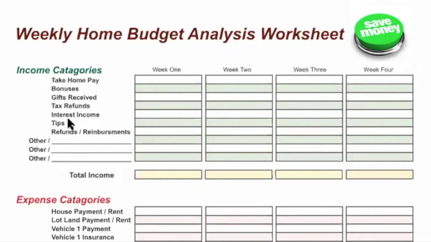Any interest income that you receive from any investment accounts or saving accounts that accrue interest, you can also put on your budget. If you receive tips, if you are a waiter or a waitress, or if you work at a location where you receive tips on a daily basis, you can also include that. And you can also include refunds or reimbursements that are due to you.